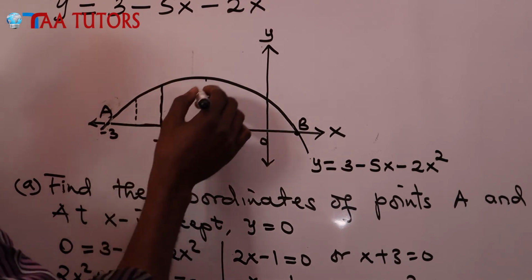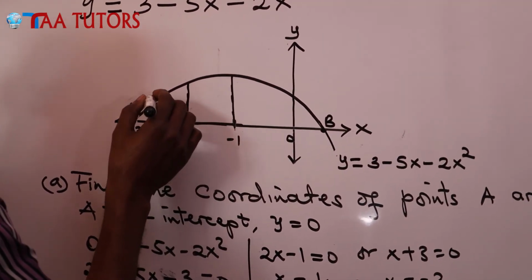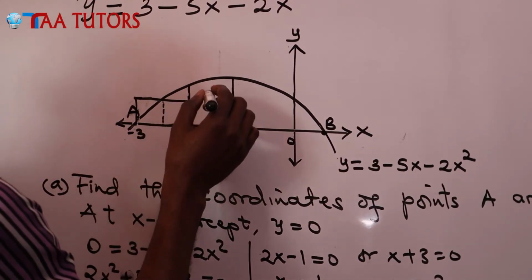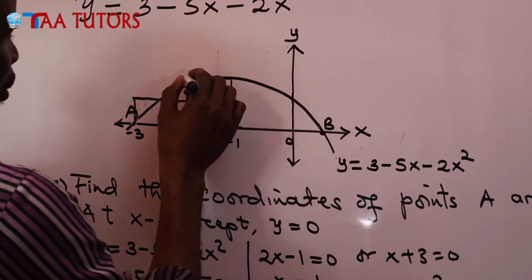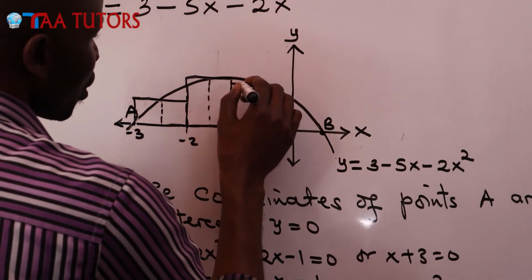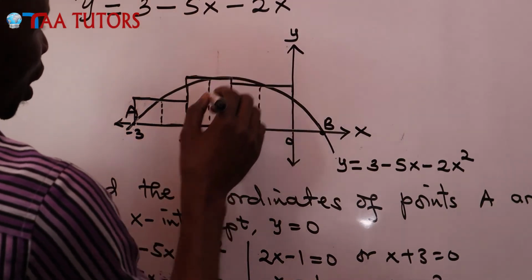Let me say this is the first strip, this is the other strip. So this is the mid-ordinate here. Another mid-ordinate will be here, and another mid-ordinate is here. So these are the strips that we have.